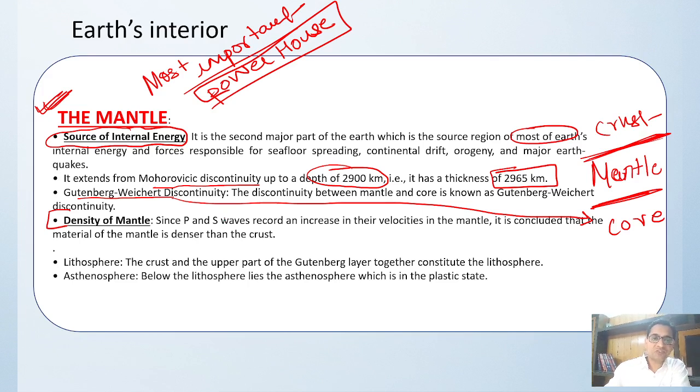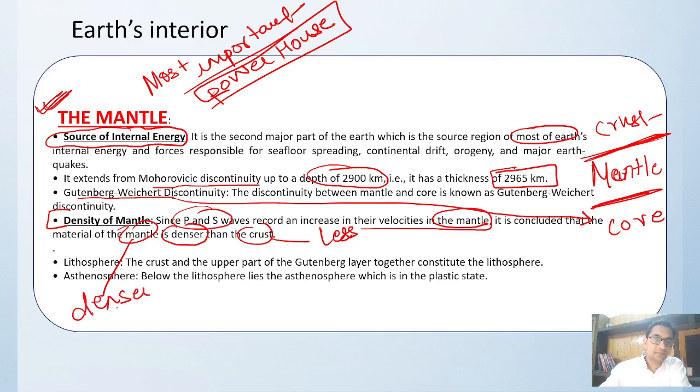P and S waves, which are related to earthquake waves, record an increase in their velocity in the mantle. So whenever the P and S waves are in the mantle, their velocity increases. That means the material of the mantle is denser than the crust. That means crust is less dense and mantle is denser, right? You got it?